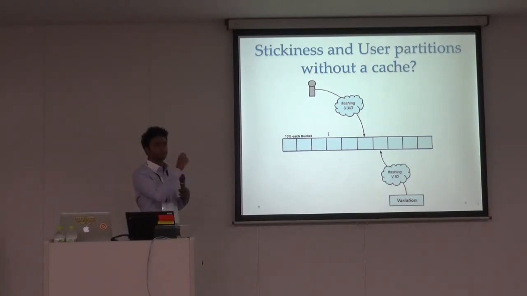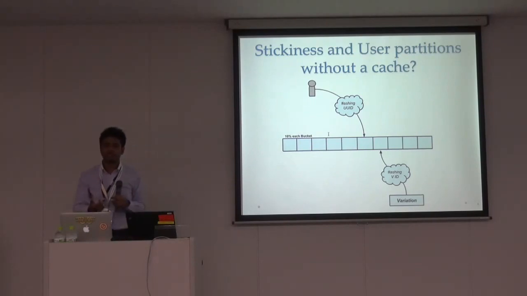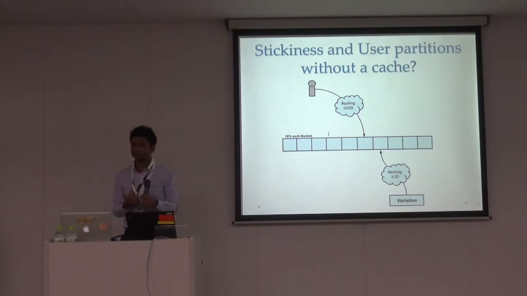Now the tricky part is stickiness. Usually the first thing that came to our mind was maintaining some sort of centralized Redis cache where we can store that a user saw this particular variation and keep it alive for, let's say, 2 weeks, as long as the experiment runs. But then again, it's a distributed application deployed over 8 different clusters, so you needed a centralized cache to maintain that.